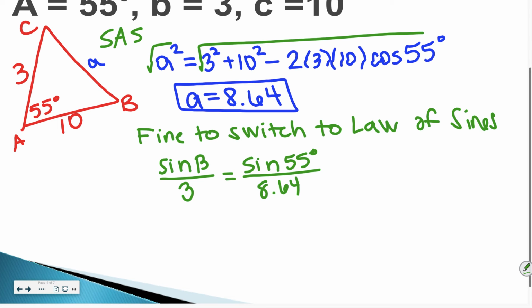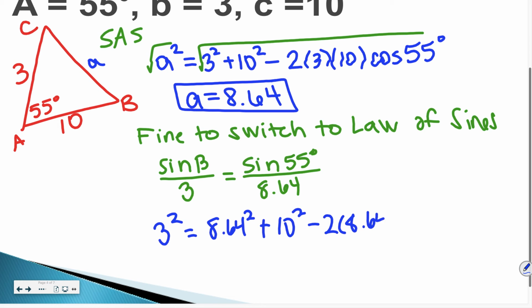How could you go about using cosines? You just keep using the law of cosines. So we could have set up, like if we wanted to solve for B using the law of cosines, we could have said, let's see, B squared equals A squared plus C squared minus 2 times A times C times the cosine of B. And then we solve for B that way.